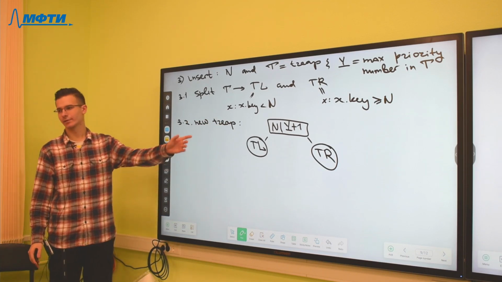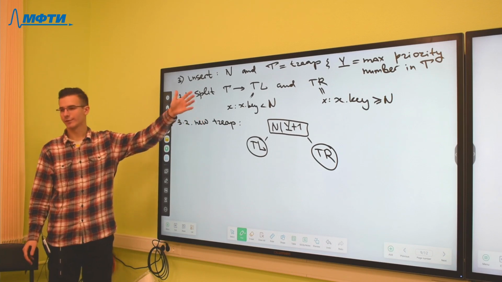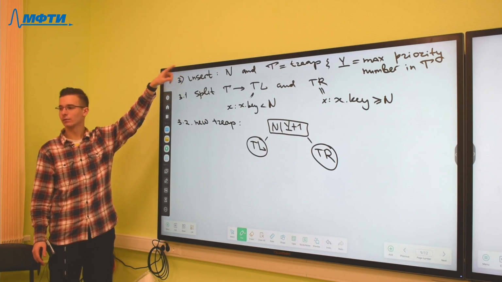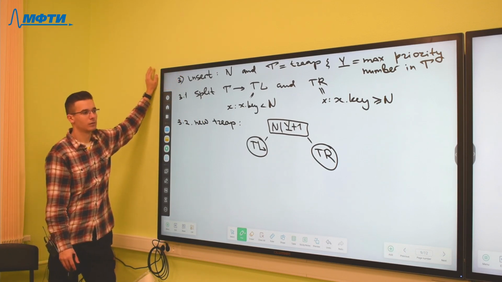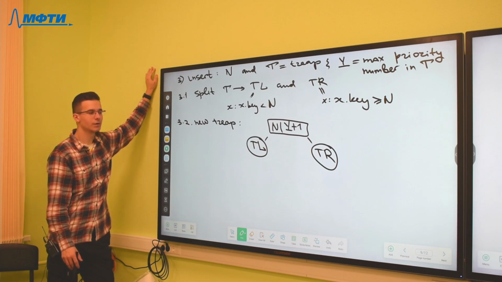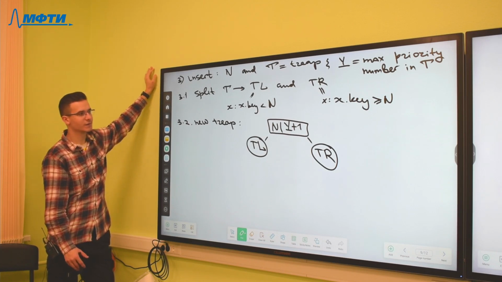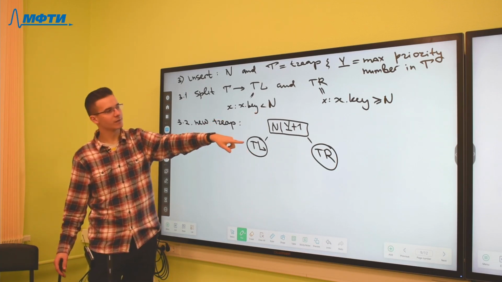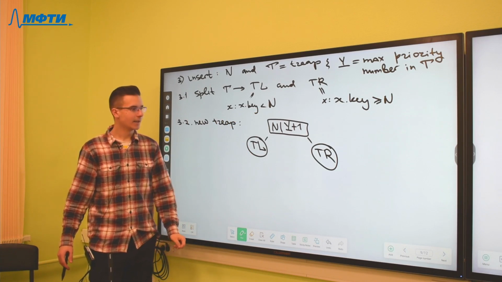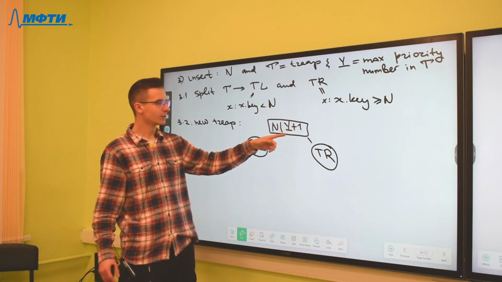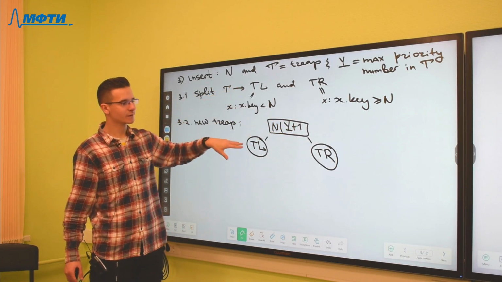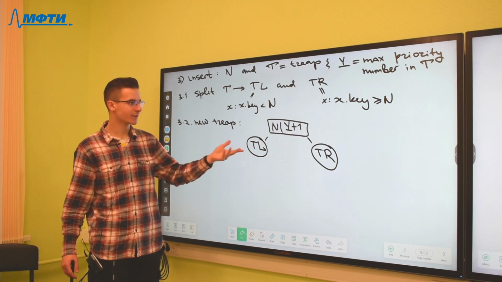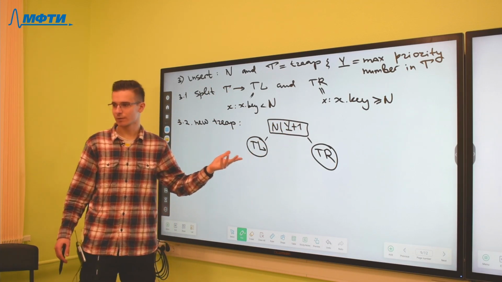Do you believe that it is the right treap after inserting n? Because firstly, we know that the keys in the left subtree are smaller than n, and in the right subtree bigger than n. And the priority number of the new node is bigger than all priority numbers in these two subtrees. So two properties of the treap will be true in this case.